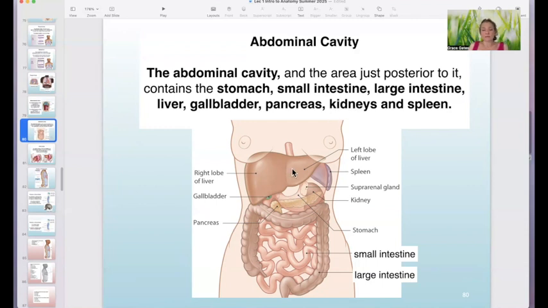So, for example, the kidneys are in the area of the abdominal cavity, but are actually behind a membrane. So not exactly able to rub up against the stomach, small intestines, etc., but rather sequestered behind a membrane. But in any case, just for now, you can learn that the abdominal cavity and the area just posterior to it contain all these things, and that's correct.